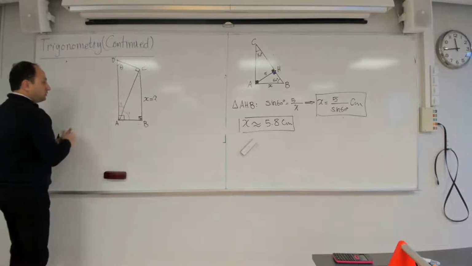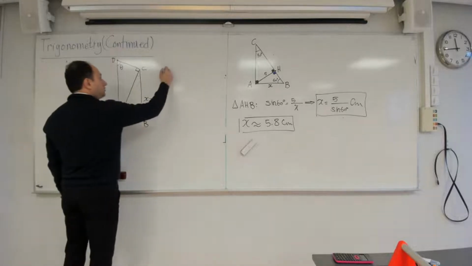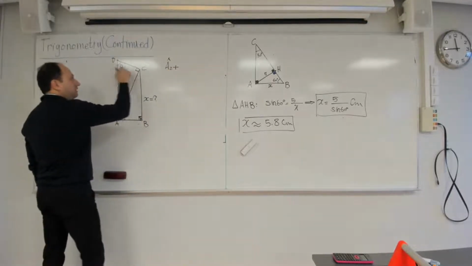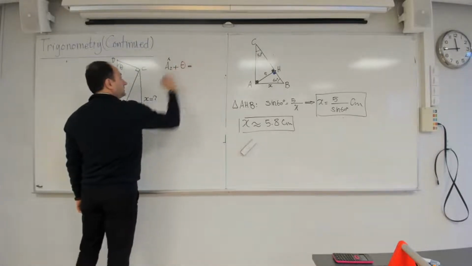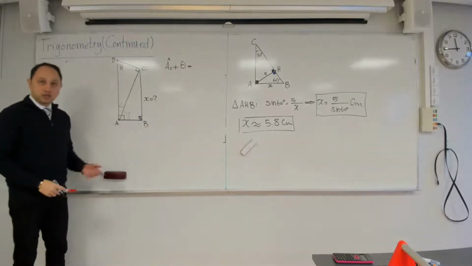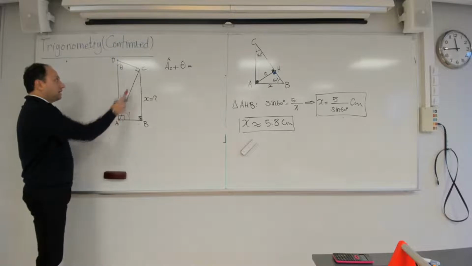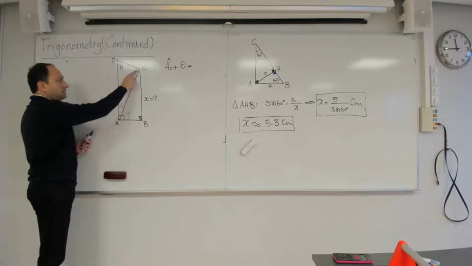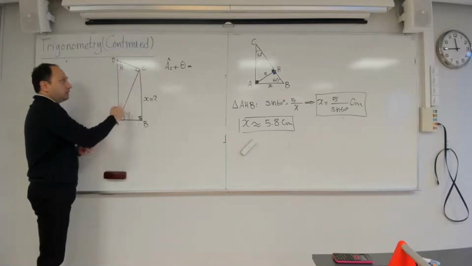If I ask you what is A2, angle A2 plus angle theta becomes 90 degrees, yes? Because in this triangle ACD, the angle A2 plus angle theta plus this angle is supposed to be 180.